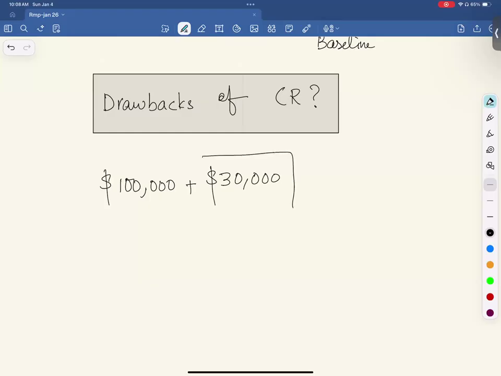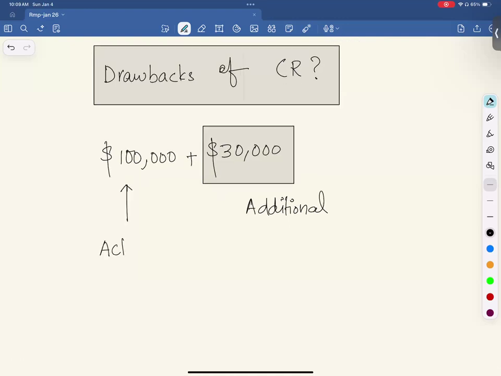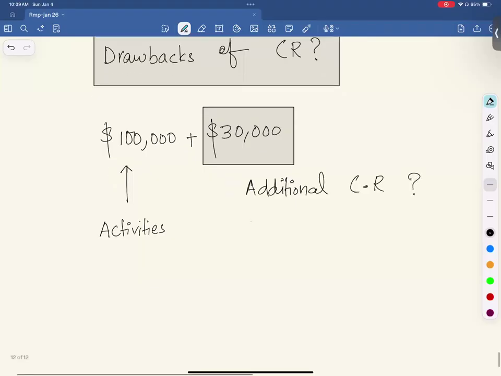So it looks like an additional chunk of budget for no work, because this 100,000 is for work or activities. And this additional contingency reserve is for what? So it looks like an additional burden.